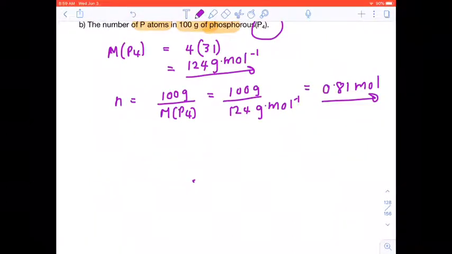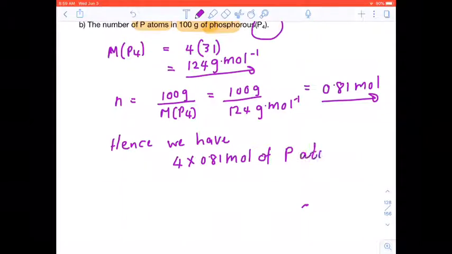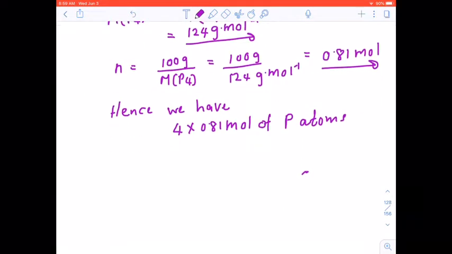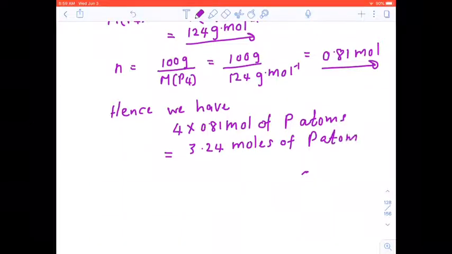Hence we have 4 times 0.81 moles of P atoms, because as you can see, this is asking for atoms, which is then equal to 3.24 moles of P atoms.